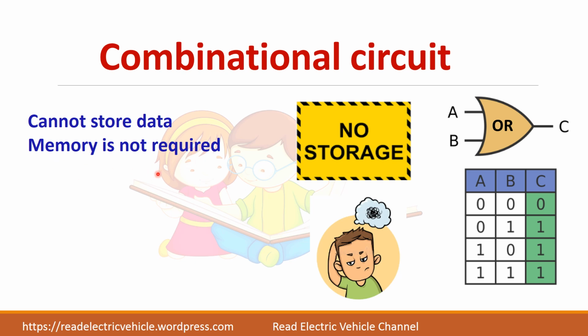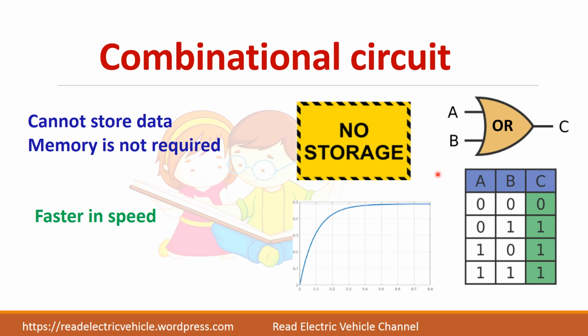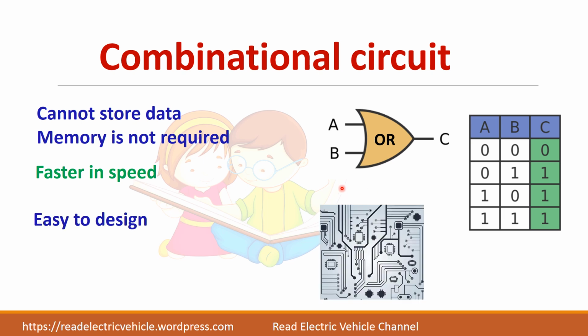Since no memory is required, the speed will be faster, or the response will be faster in a combinational circuit. That is, as soon as you give the input, you will get the output. It is easy to design because there is no memory part here.